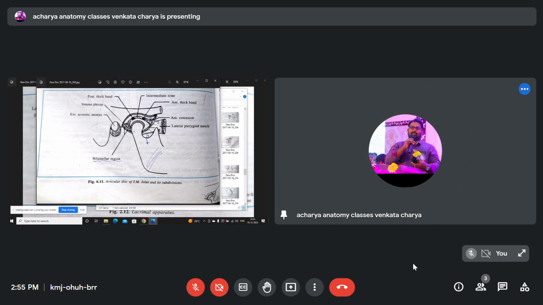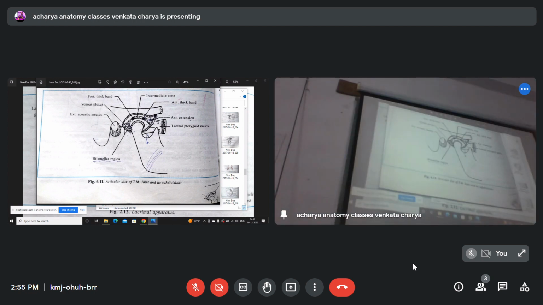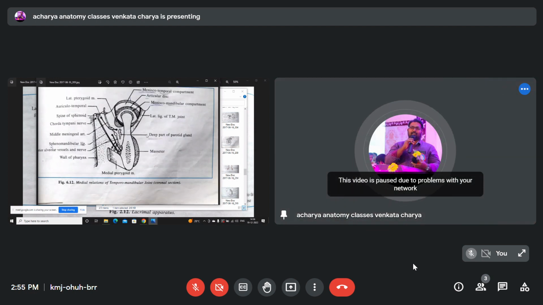Okay. Next, articular disc. Articular disc is a cartilaginous disc. It divides into two compartments.